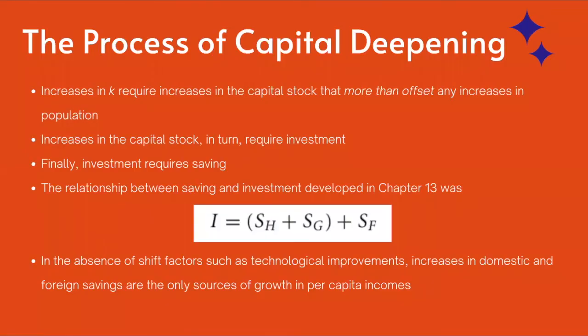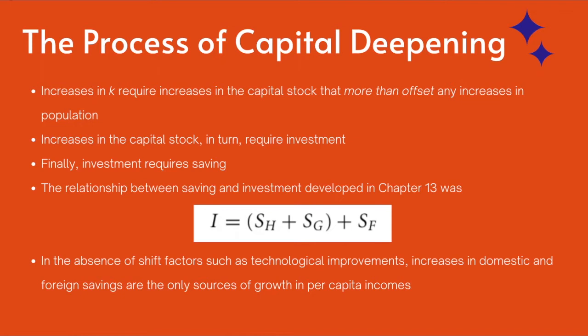The process of capital deepening. Increases in k require increases in the capital stock that more than offset any increases in population. Increases in the capital stock in turn require investment. And finally, investment requires savings.